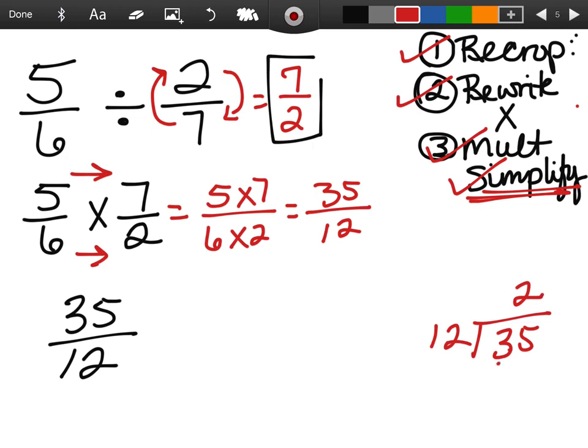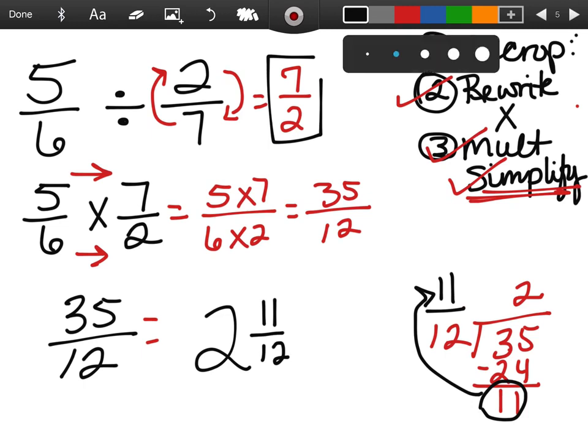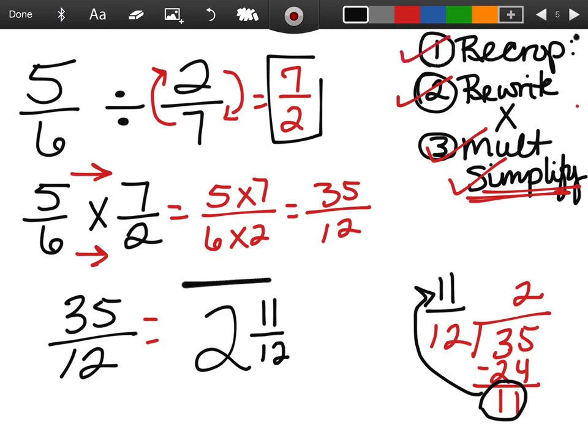Well, 2, that gives me 24. Subtract that is 11. Well, I can't go any farther, so my solution would be 2 wholes and 11 over 12. Because remember, I take my remainder and I stick it back on top and make a fraction with it. I do not have remainders any longer.